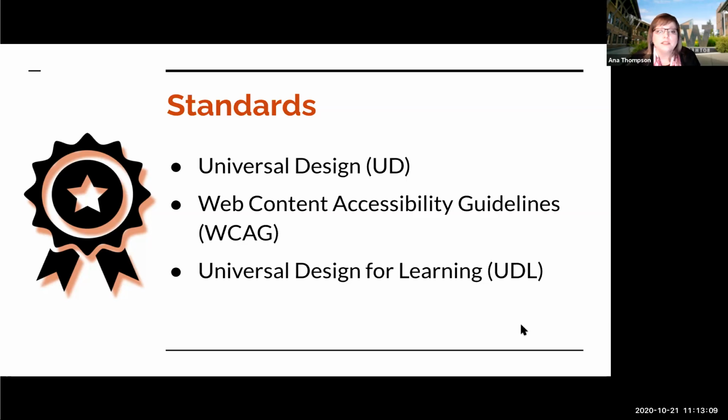Also, Web Content Accessibility Guidelines, WCAG, established, I believe, in the 90s. And then also Universal Design for Learning, UDL, that started in the 80s under CAST, a group that based those principles on neuroscience, starting from universal design principles.